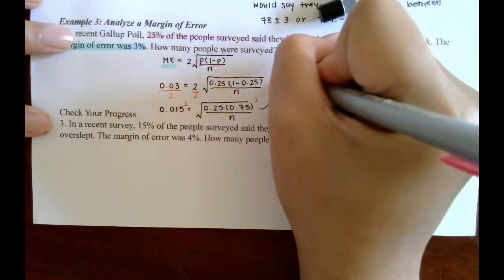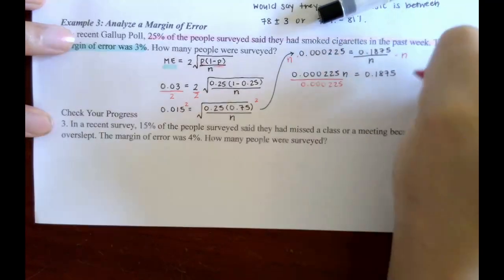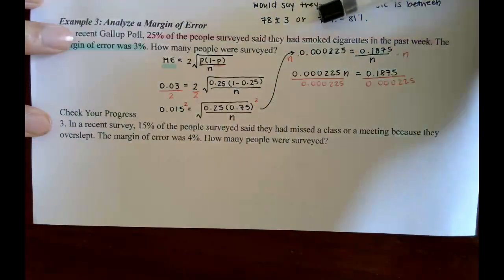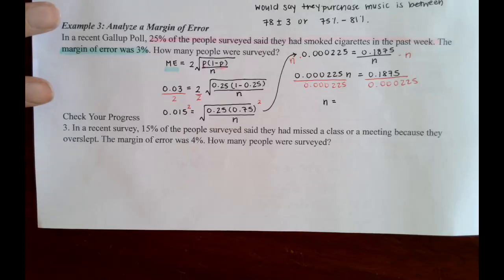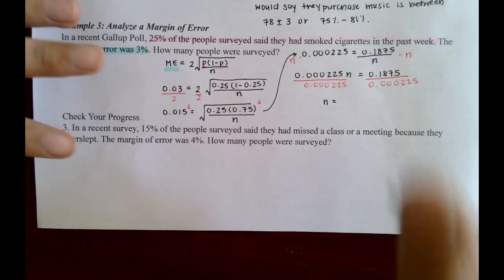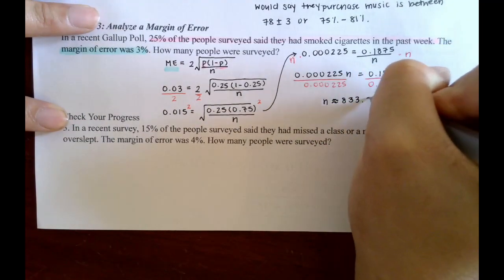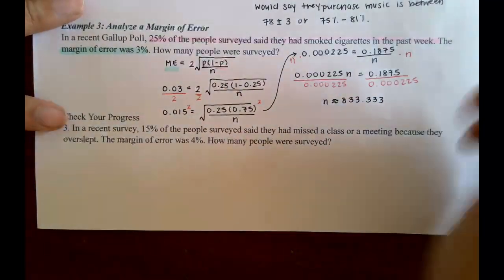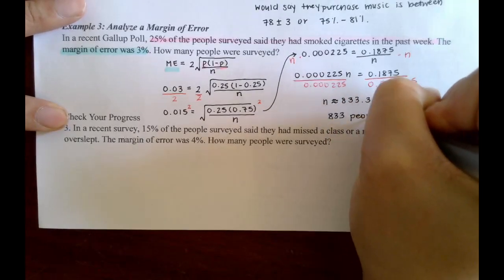I'm going to divide by my 0.000225, both sides. This will give me n by itself equals, this gives me approximately 833.33333 people, but obviously you can't have 0.33333 of a person, so we're going to round it up, so it's about 833 people who were surveyed.